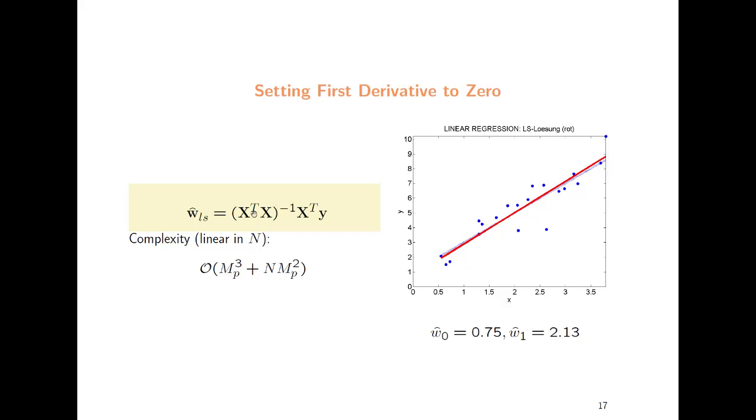This is because if you look at this equation, this matrix has a dimension of number of parameters times number of parameters, and inverting such a matrix takes a number of computations on the order of the linear dimension, MP, to the power of 3. And then we also have to calculate this product here that takes n times MP squared computations.